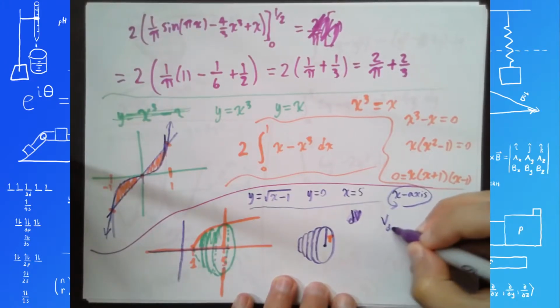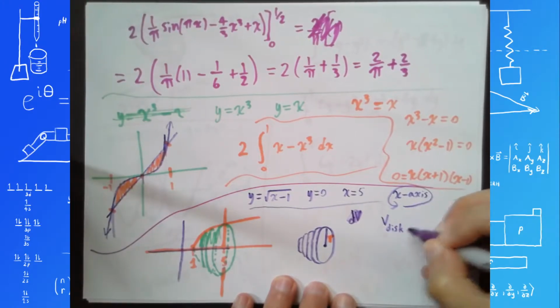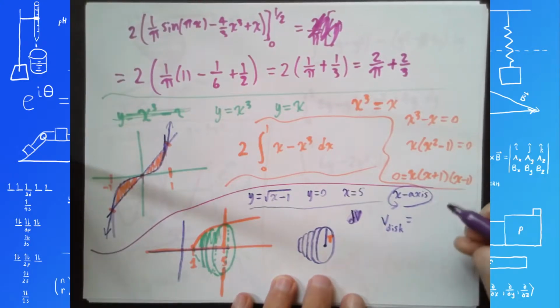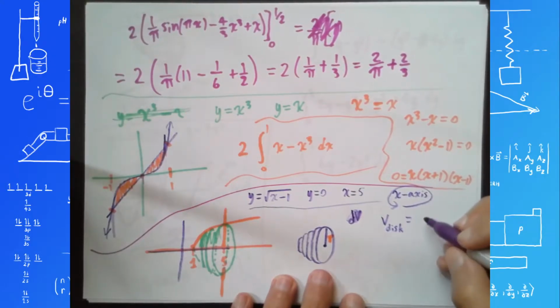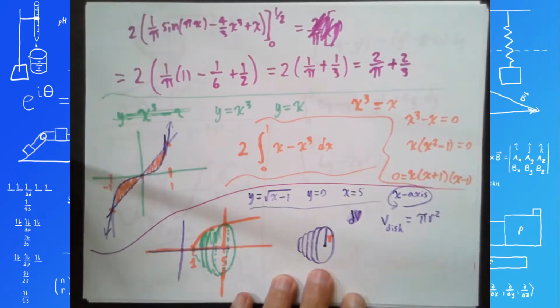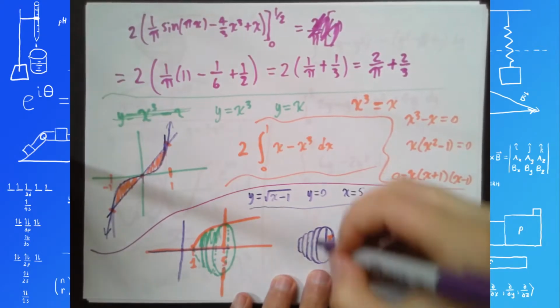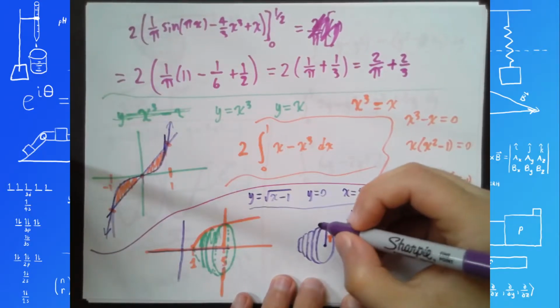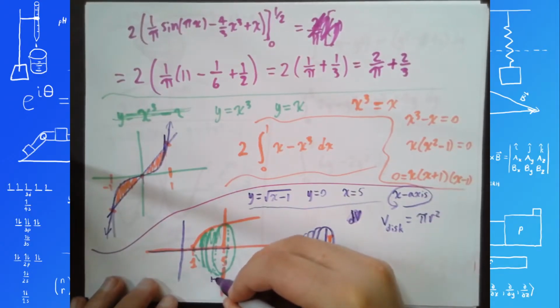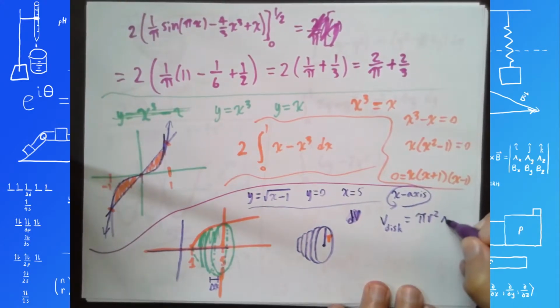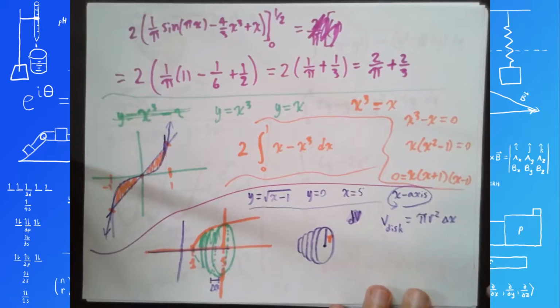So the volume of an individual disk is equal to the area of the base of an individual disk, so that's pi r squared, times the height of the disk, which in this case is determined by the change in x. So times delta x of the disk.